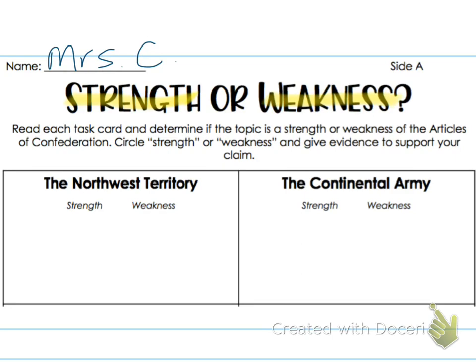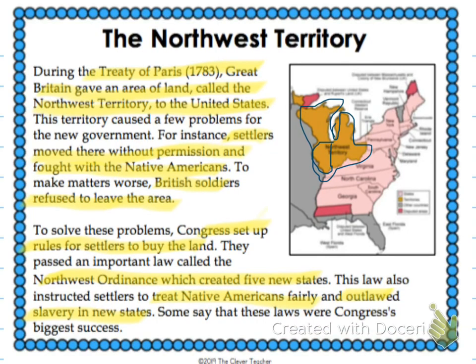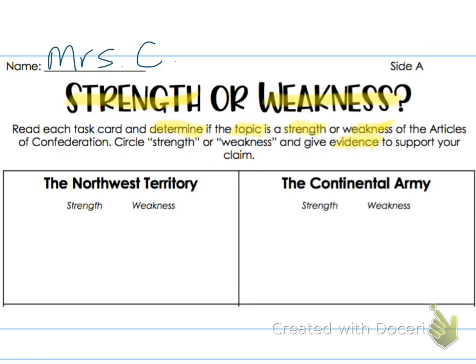When we do this, we have to determine if the topic is a strength or weakness of the Articles of the Confederation, and of course circle strength or weakness and give evidence to support your claim. So if we say that the Northwest Territory was a strength, we need to go back to our reading and figure out evidence that comes directly from the reading to support why it's a strength.